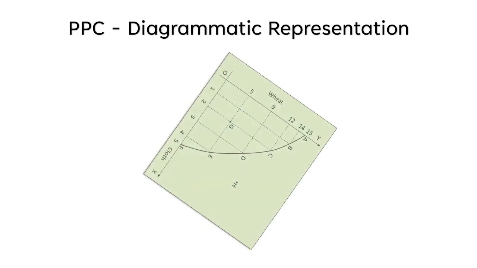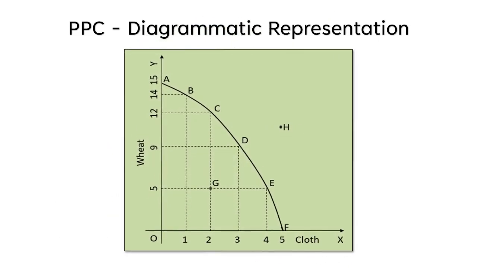Now let us explain the diagrammatic representation of the production possibility curve. Here in this graph on the x-axis we are measuring the production of cloth, and on the y-axis we are measuring wheat production. In the diagram, AF is the production possibility curve, which shows the combinations of production of two commodities.